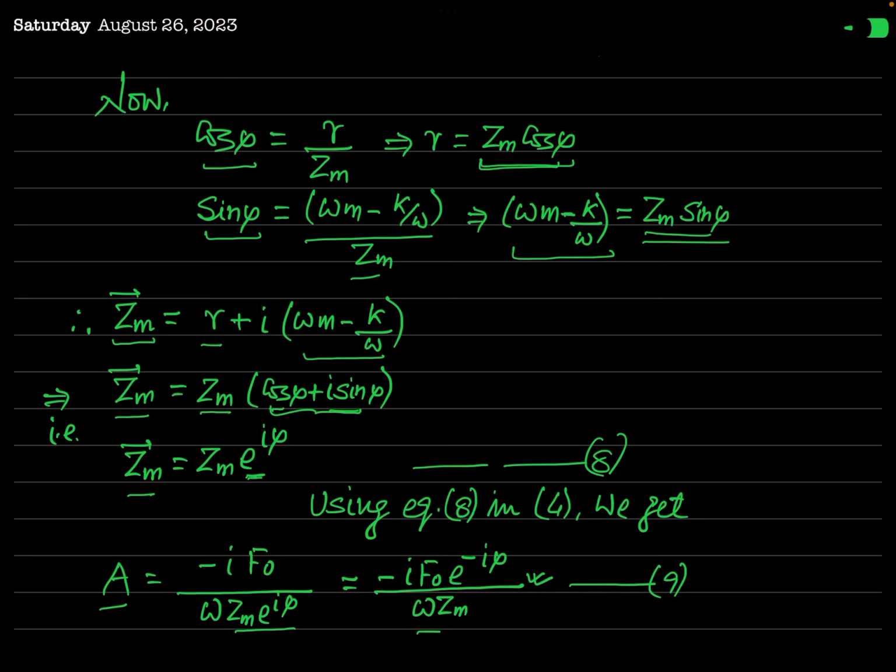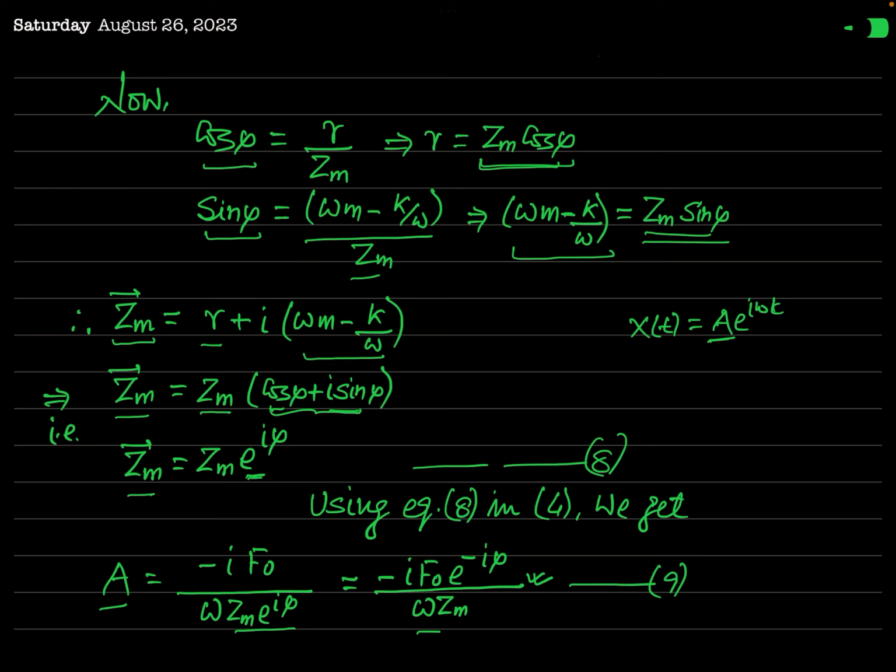Okay, so in this way we have obtained the unknown constant A, which I have written in the solution, that x of t is equal to A e to the power i omega t. Here A was an arbitrary constant, and you can see I have obtained its value here.